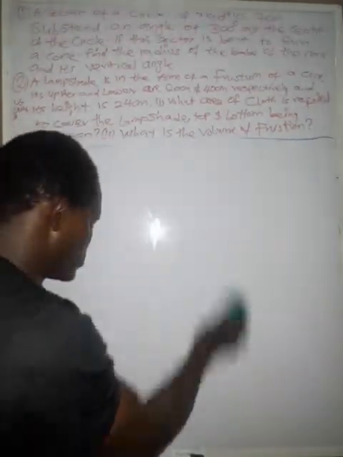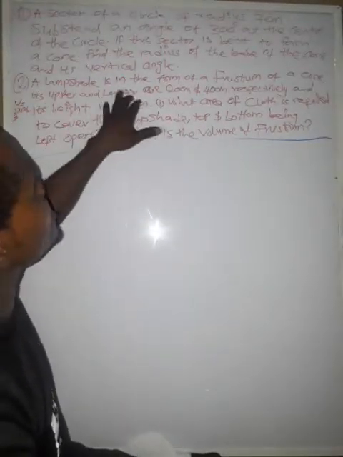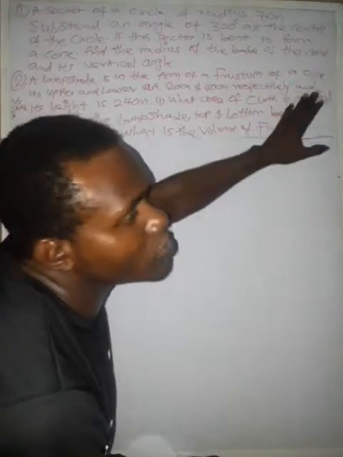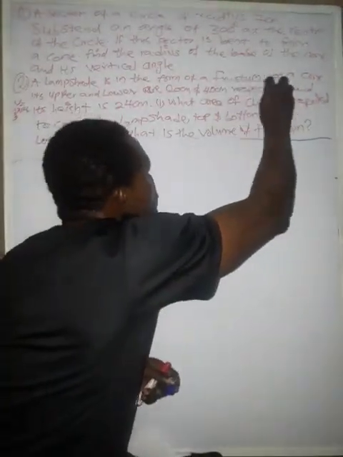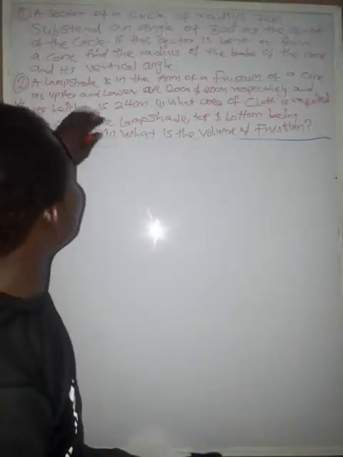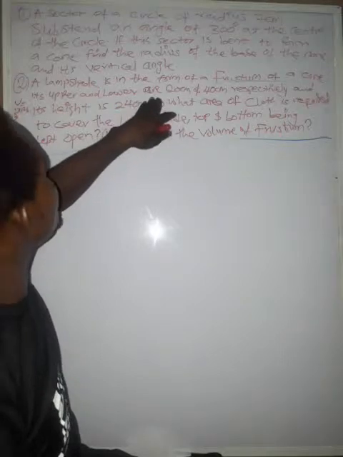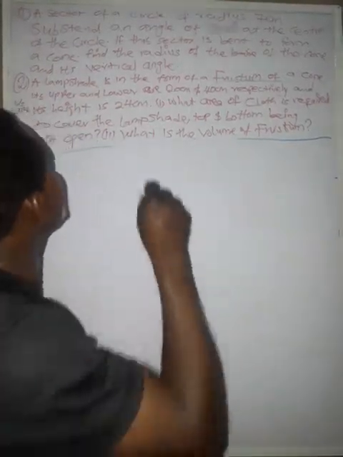So I'm now going to explain this. They said a lampshade is in the form of a frustum of a cone. That's what you need. Frustum of a cone. So you already know where you are going. Now, the question is, its upper and lower, I think I did not finish it here.